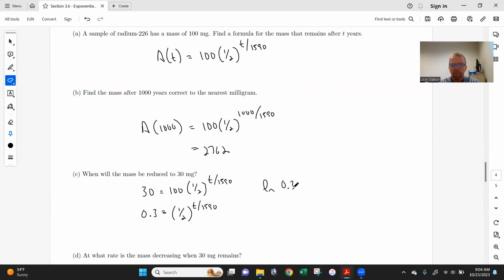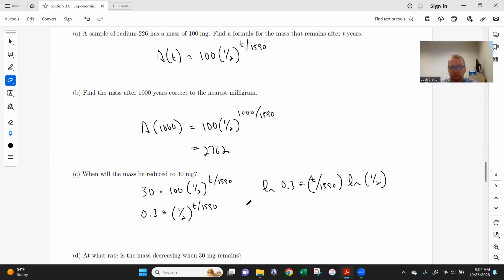Ln of 0.30 equals, then we're bringing the exponent down as we do the logarithm. And then essentially we're going to multiply by the 1590, divide by the ln of 1/2.